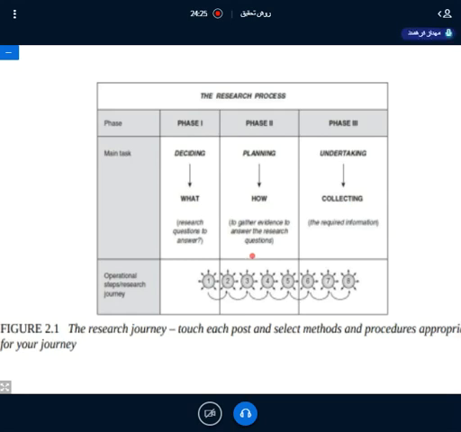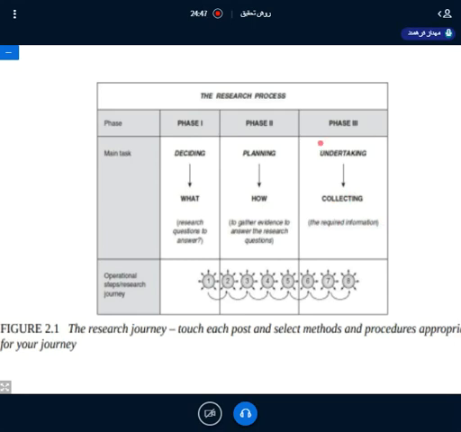So to gather evidence, to answer the research questions, we must do some studies about the use of useful and appropriate instruments.